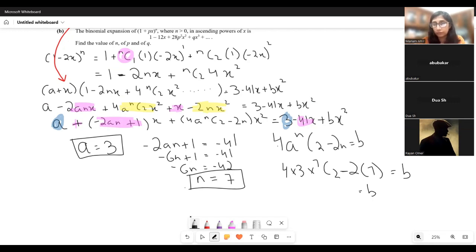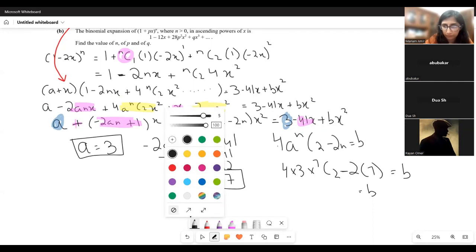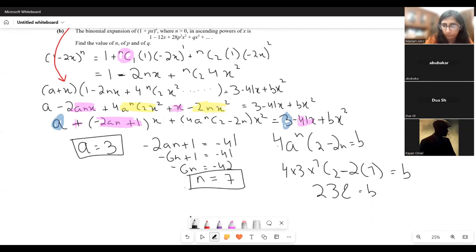Let me try again. 4 times 3 times 7c2 minus 14 is 238. I think I missed something in the calculator. So it is correct. It is a times nc2. It is not a power n. It was a times nc2. Right, I didn't see the c2. Okay.